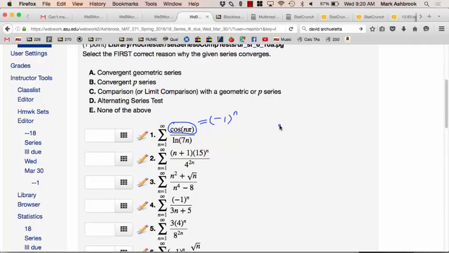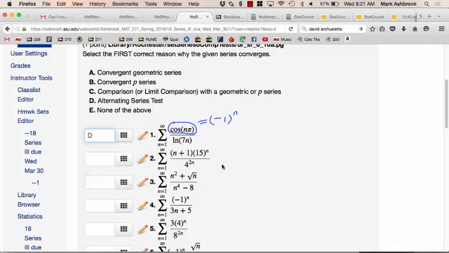It goes -1, 1, -1, 1, -1, 1. Because cosine is a periodic function, it can be manipulated to just be alternating -1 and 1, just like -1 to the n. So what do we have? This is going to be convergent by the alternating series test because 1 over ln of 7n decreases to 0. It alternates. So that's D.